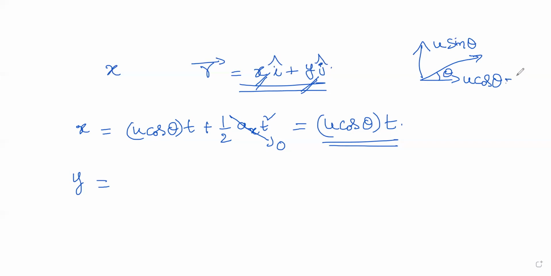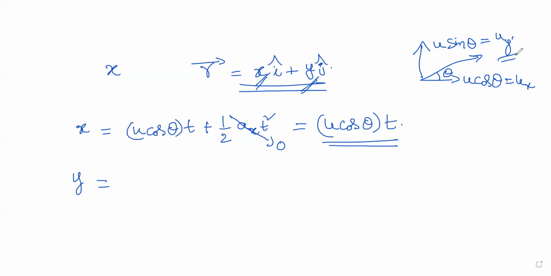This is the x component and this is the y component. If you don't know this, please go back to my earlier videos on the basics of projectile motion, and then you will understand. These basics you must know to solve this problem. That is a must.